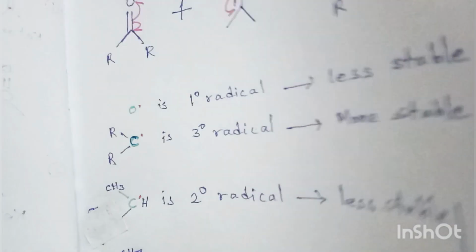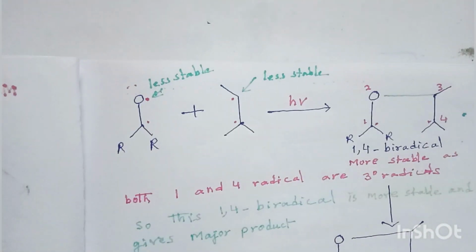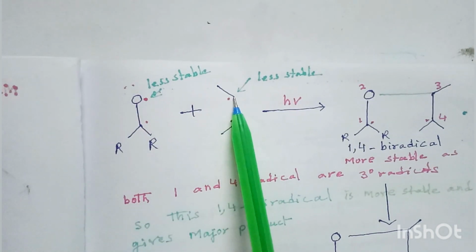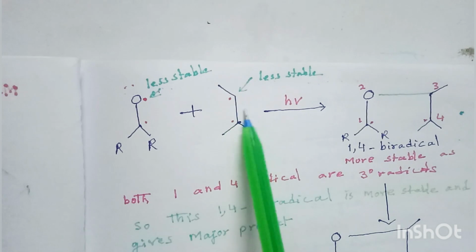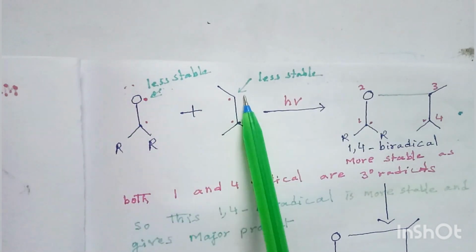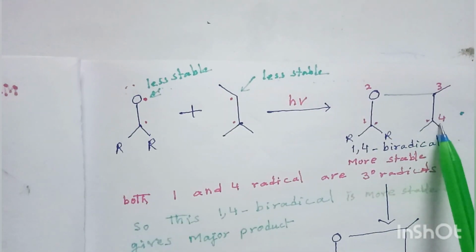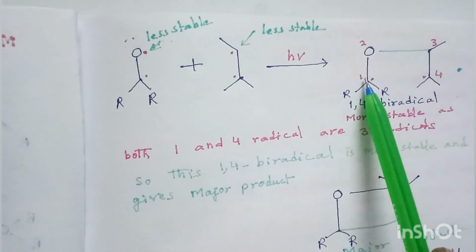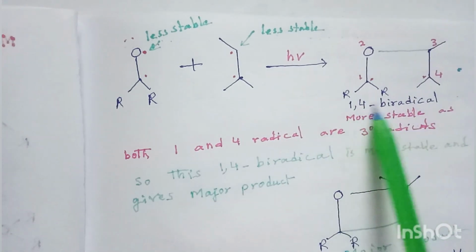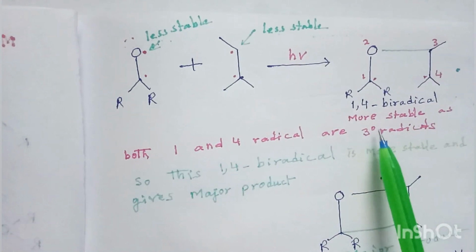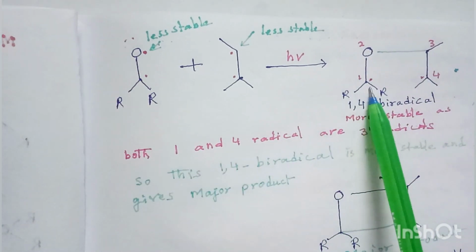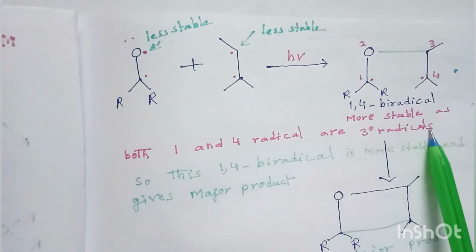Let us see the mechanism. So this oxygen radical is less stable. This carbon radical is less stable. Upon irradiation by UV light, these two radicals will combine to form a bond, as a result of which we get 1, 2, 3, 4, a 1,4 biradical intermediate, which is more stable, as both the first carbon and the fourth carbon are tertiary radicals.